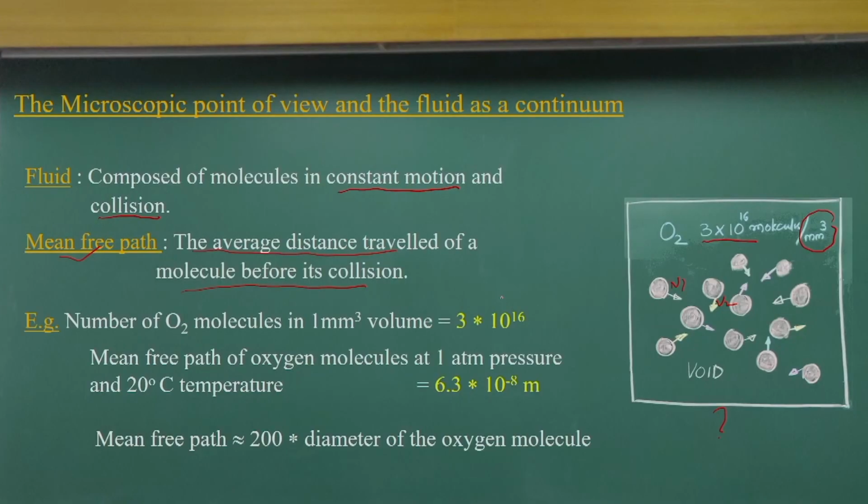This gives us a very interesting phenomenon. For example, the number of oxygen molecules in 1 cubic millimeter is 3 times 10 to the power 16, but the mean free path of these oxygen molecules at 1 atmospheric pressure and 20 degrees temperature is equal to 6.3 times 10 to the power minus 8 meters. This mean free path is about 200 times the diameter of an oxygen molecule.